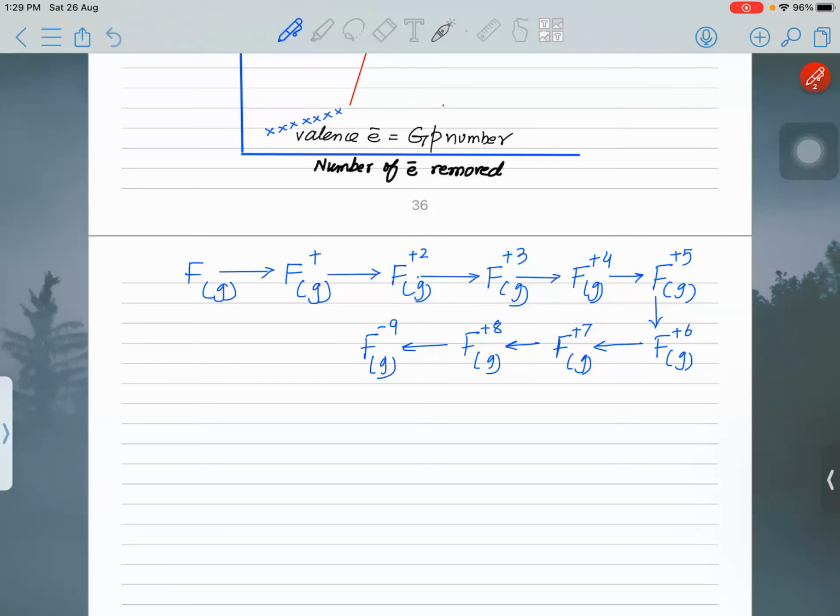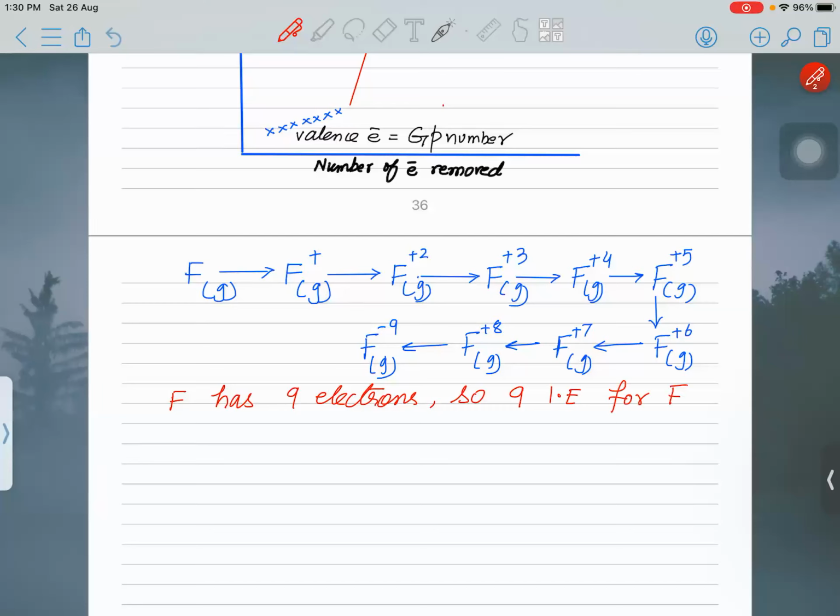9. So fluorine has 9 electrons, so there are 9 ionization energies for fluorine.